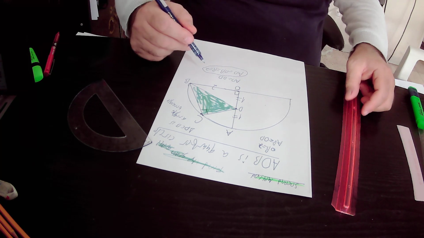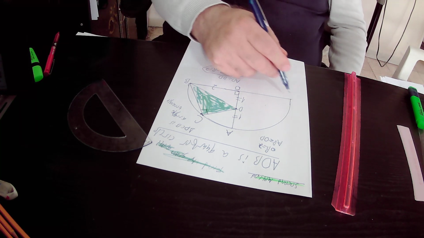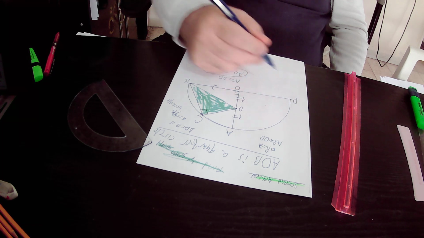At this point, we define the touching point of the extended BO and the semicircle as P.